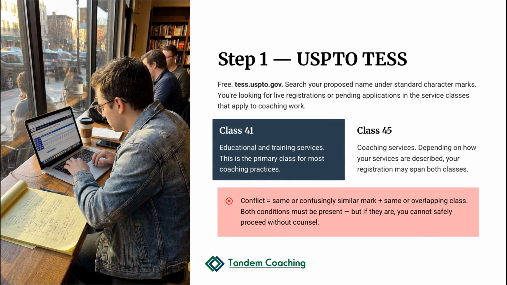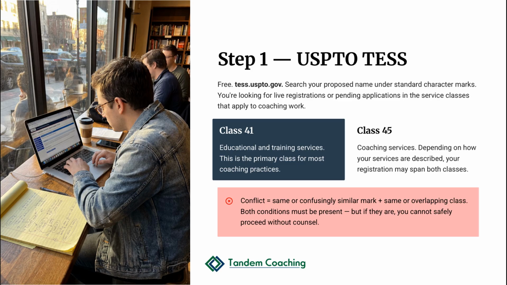Step 1 is the federal trademark search at TESS, the trademark electronic search system at tess.uspto.gov. Free, public, run as many searches as you want. What you're searching is standard character marks, the type that protect the literal name itself regardless of how it's stylized in a logo. Live registrations and pending applications both count.